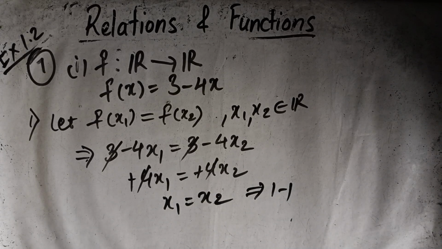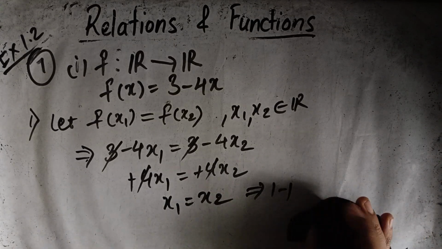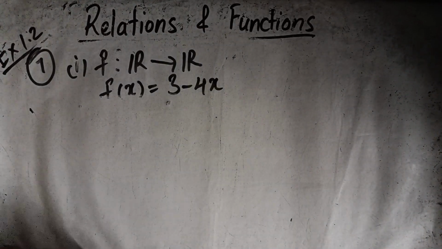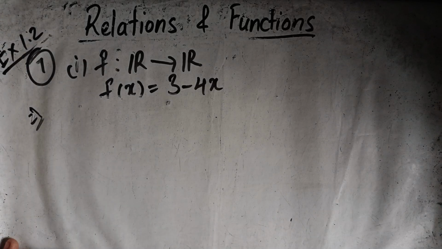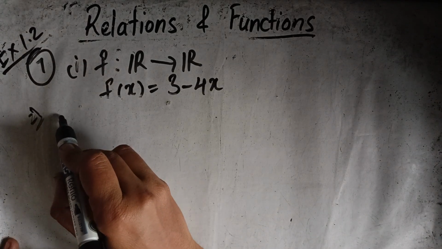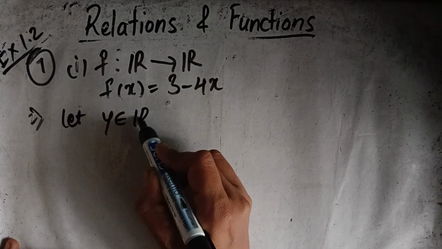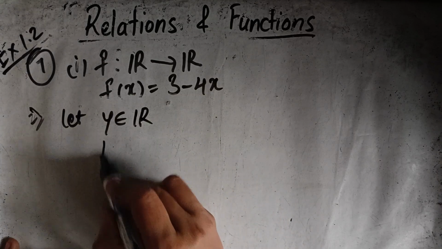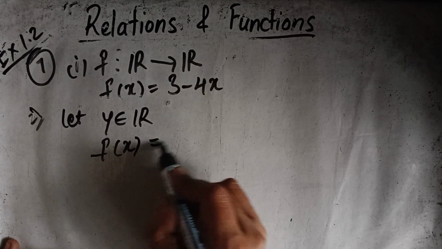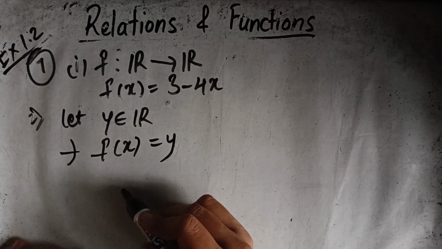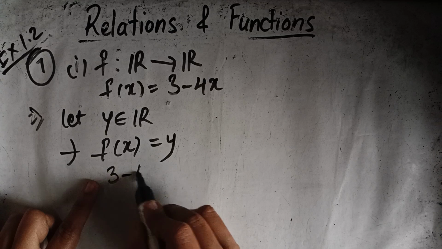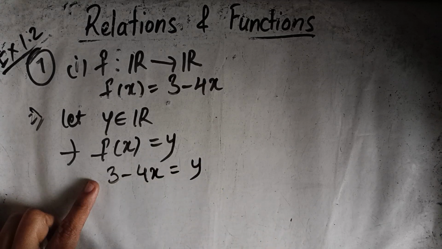Okay. Now for onto, let y belong to R such that f of x is equal to y. f of x is what? 3 minus 4x equal to y.